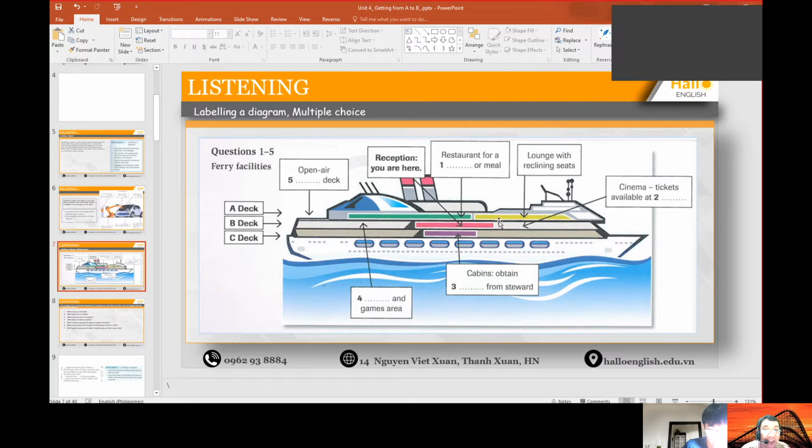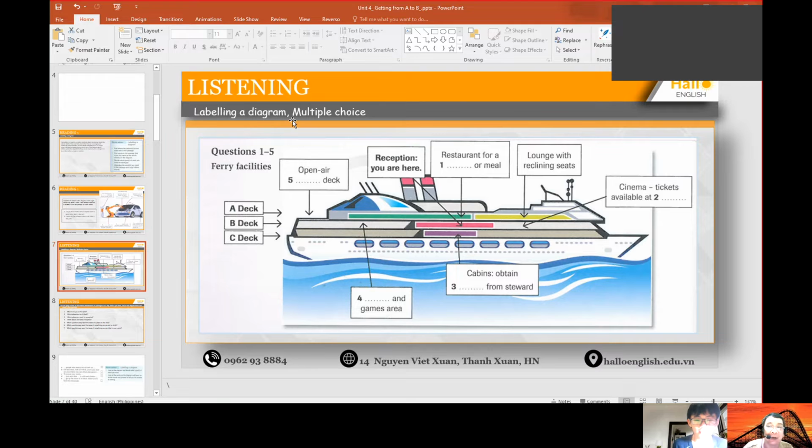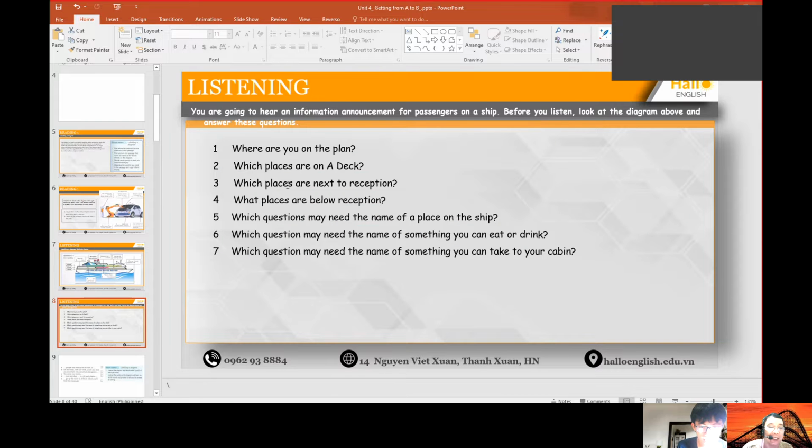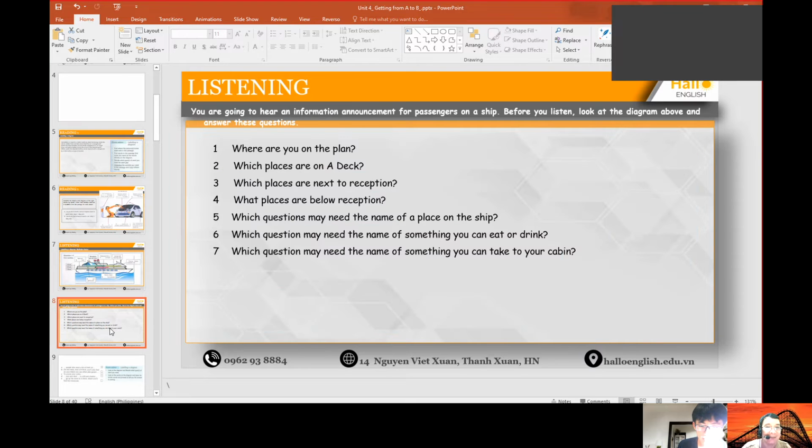So that would be under deck A. That is how you are going to answer the questions from the choices. That would be labeling a diagram using multiple choice, because you are going to select from the choices. We're going to continue discussing this in the next meeting.